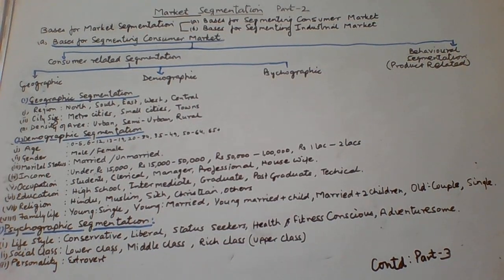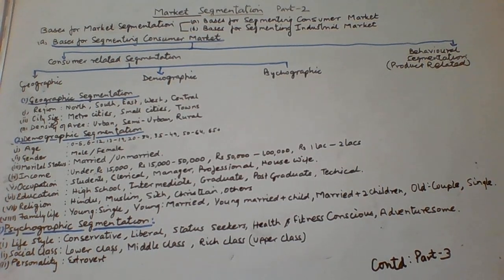The demographic factors are the most popular basis for segmenting customer groups. One good reason is that consumer needs and wants vary closely with demographic factors. Following are the demographic variables used in market segmentation.